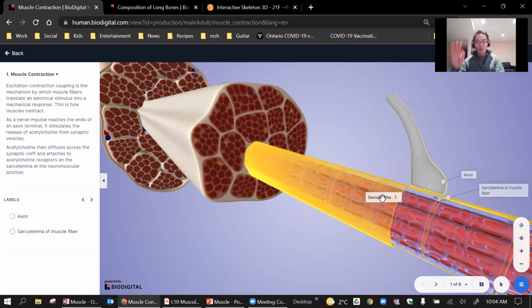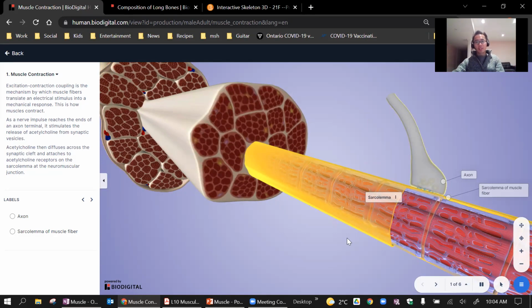What is not shown in this picture is that outside the sarcolemma, outside the cell membrane, there is also the endomysium. So epimysium surrounds the entire muscle, perimysium surrounds the fascicle, and the endomysium surrounds the individual muscle fiber, the individual muscle cells.